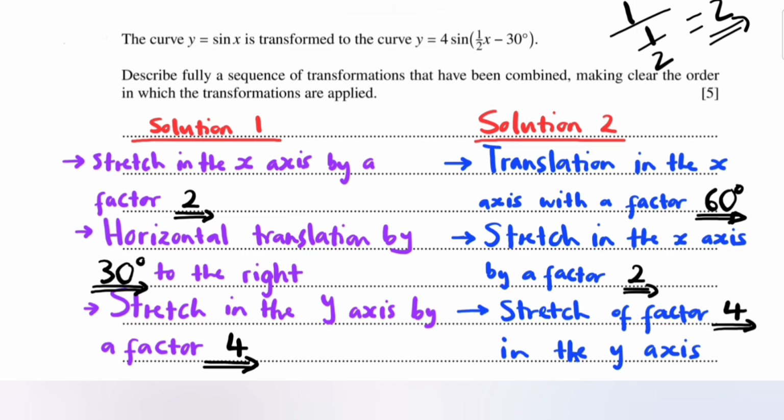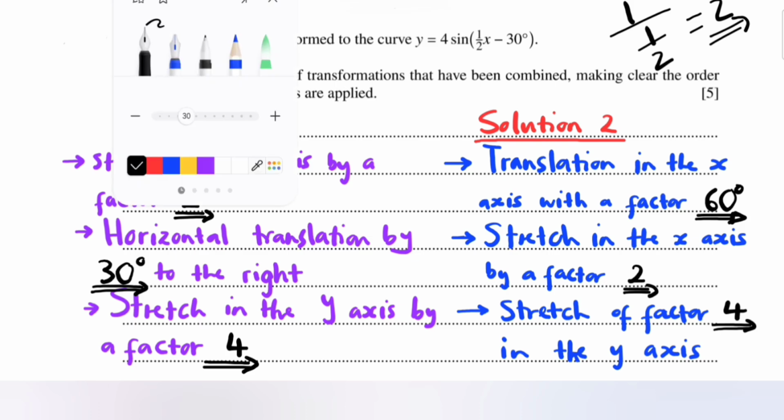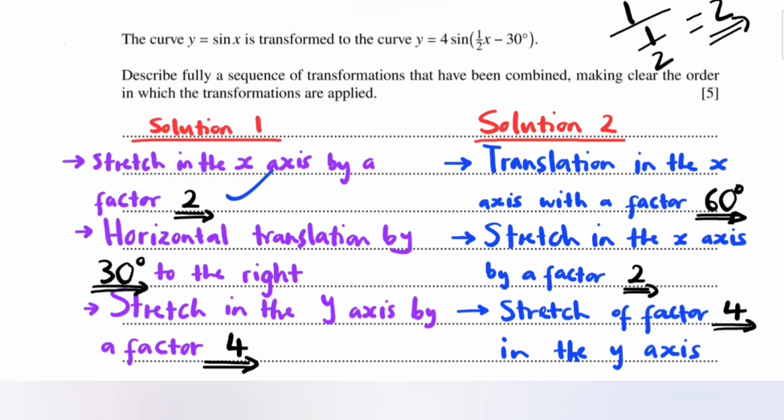You can see that for the stretch in the x-axis, we have the same factor, 2 for solution 1 and 2 for solution 2. And the factor for the stretch in the y-axis is 4 for solution 1 and 4 for solution 2. The main difference that we have here is this 60 degrees and the order.